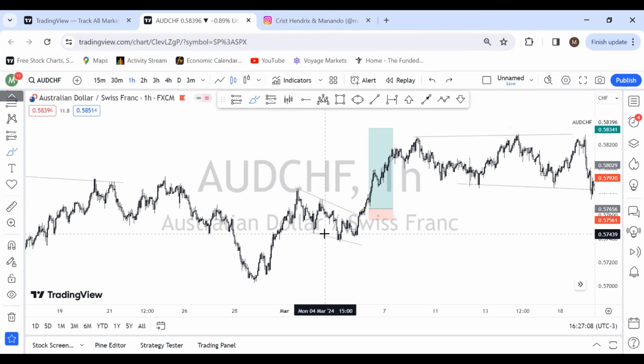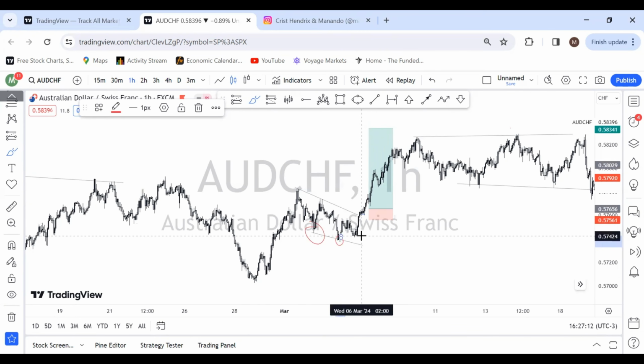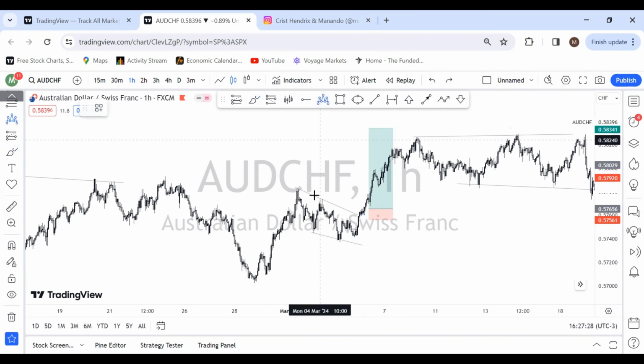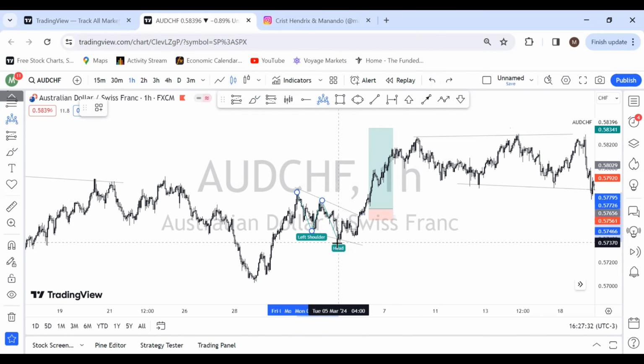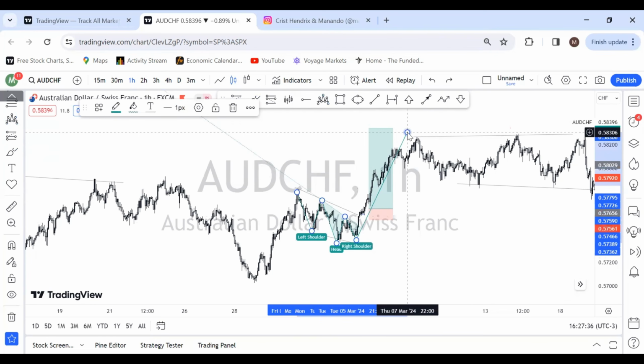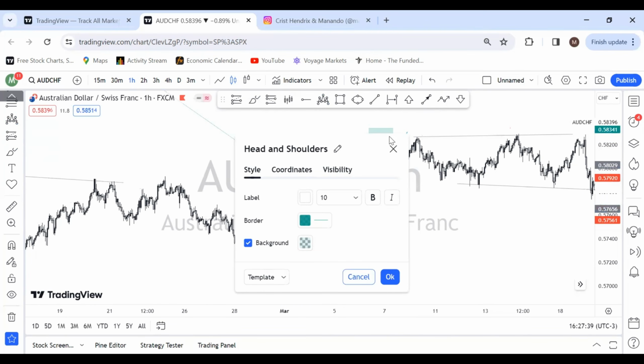And you can see that we had this as our first touch, second touch, and our third touch right there. First, second, third, but the third one technically didn't touch the actual support trend line, but it is okay because you can somehow scale in an inverse head and shoulder pattern right there, and it could still work.